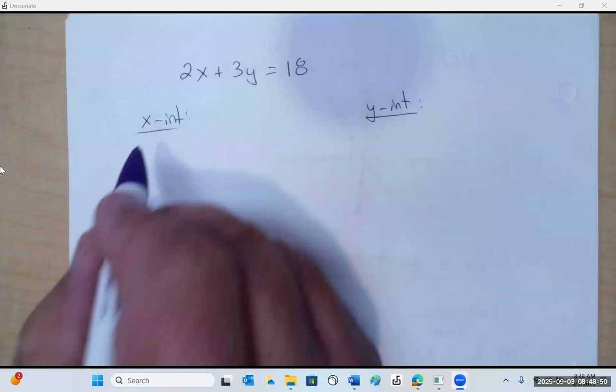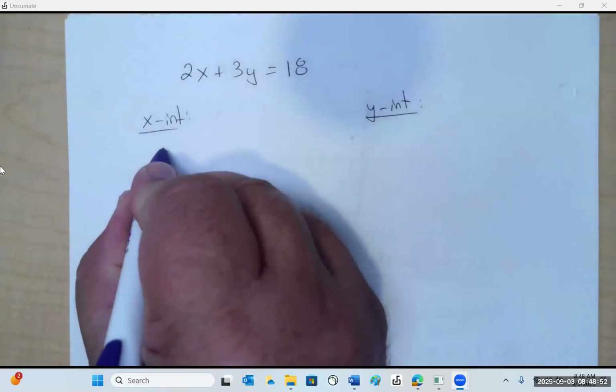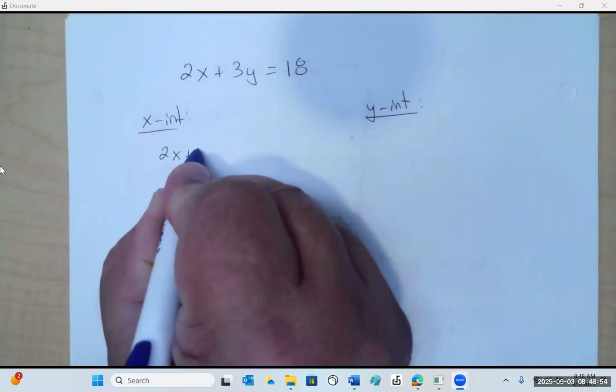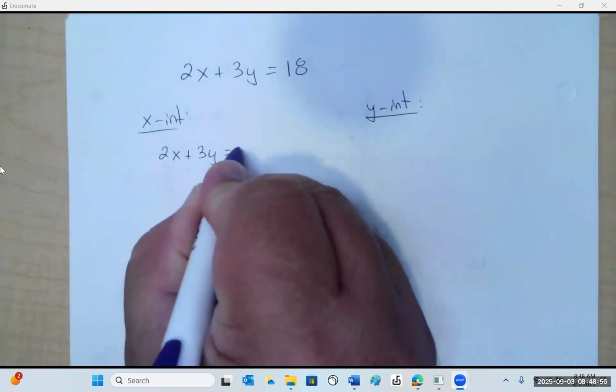So how do we find the x-intercept? We have our equation, 2x plus 3y equals 18.